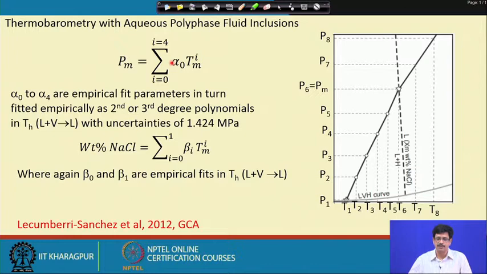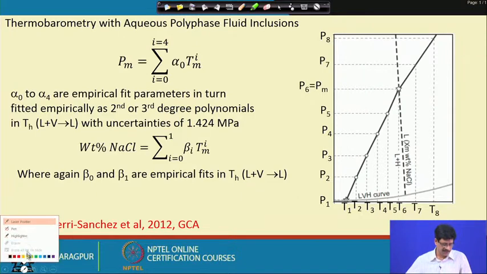In case of the aqueous polyphase inclusion with halite daughter crystal, it is also possible to do thermobarometry, but here the only situation is that, if we look at this diagram, as we discussed before, this always corresponds to a situation where the Ts NaCl, that is the temperature of dissolution of the halite, should be greater than the temperature of liquid vapor homogenization.